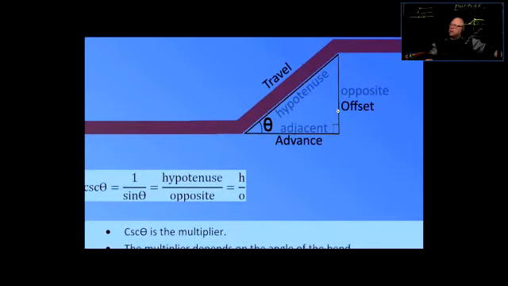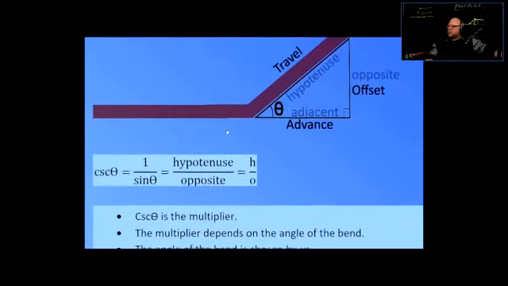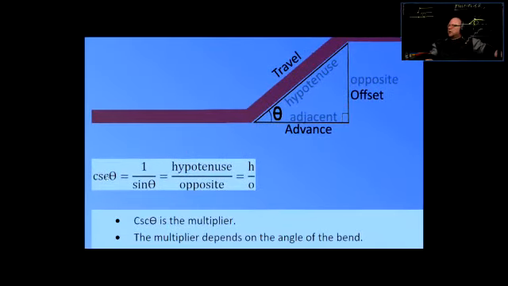We are considering the height of the obstacle, which is going to be called the offset distance, and we have the angle. And we're going to have to find out what this one is. So follow me on this one here. Some of us already know what's going on here. The cosecant, which is the inverse of a sine of this angle, is the multiplier.